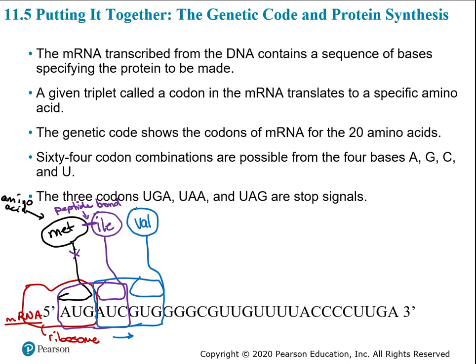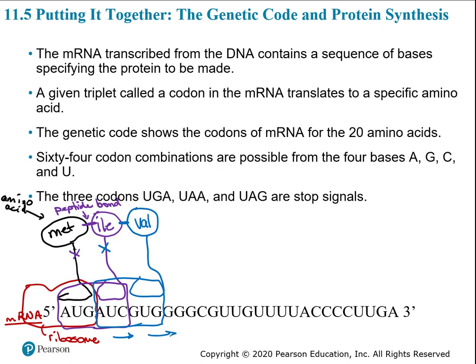VAL is the one that it's carrying, and that's going to put these 2 side by side. Once you have 2 amino acids side by side, the ribosome is going to link them together. That's a peptide bond. And then it'll break the link to the transfer RNA that was carrying the first one.